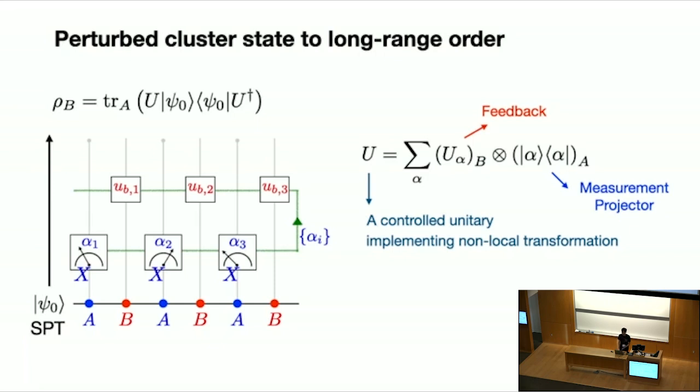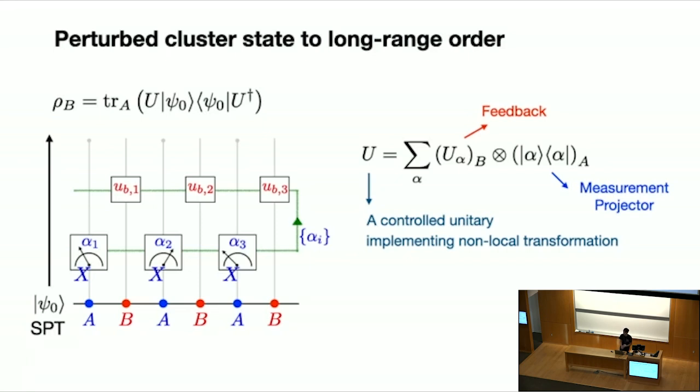You sum over all the possible measurement outcomes, where different outcomes correspond to different product states in A, and depending on the product state in A, you apply some simple unitary on B. So it is a control type of unitary in the sense that A is the control and B is the target, right? And it turns out this control unitary is pretty powerful.